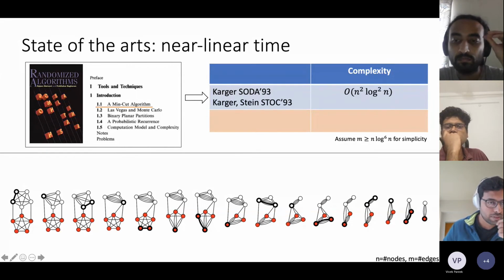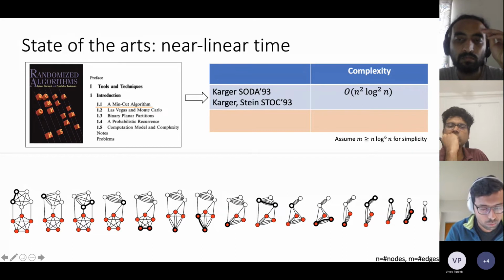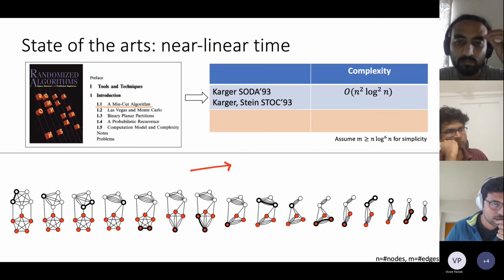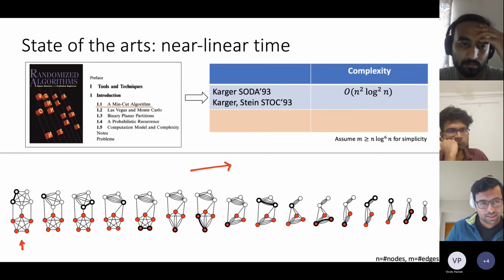So you have this graph, and this is the way the algorithm works as time goes from 0 to bigger time. This is the graph you started off with. The algorithm is as simple as the following. Pick any edge uniformly at random; let's say you pick this edge and you contract it, and so you get this graph.